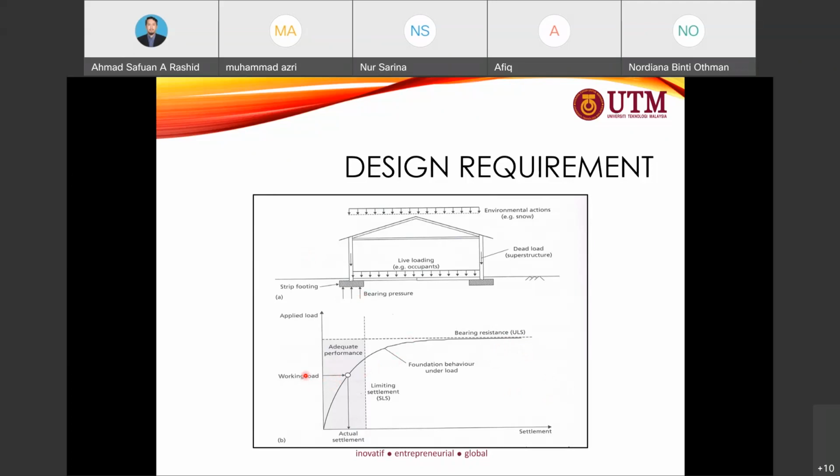So under the working load, the problem is related to the settlement. Perhaps if we apply a little bit higher working load, it can provide excessive settlement, so it cannot reach up to the failure state.